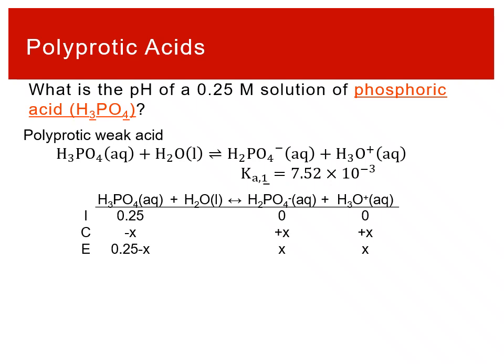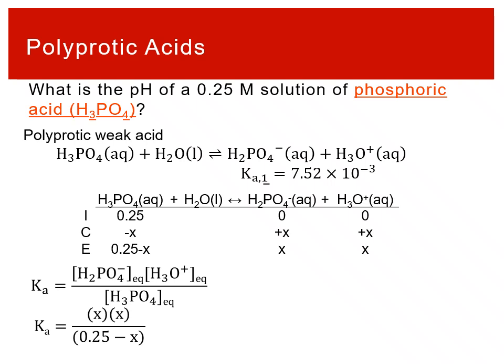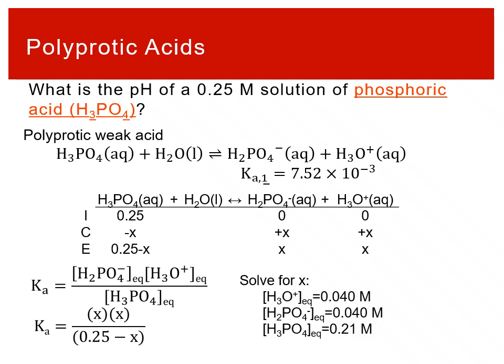The shift is going to be to products. I'm going to make my H's. My Ka has the same general form that we've seen for all acids. We can plug our values in and solve for X. You actually cannot use an approximation, so you have to use the quadratic formula. I'm not going to make us do that, but you do have to do that.